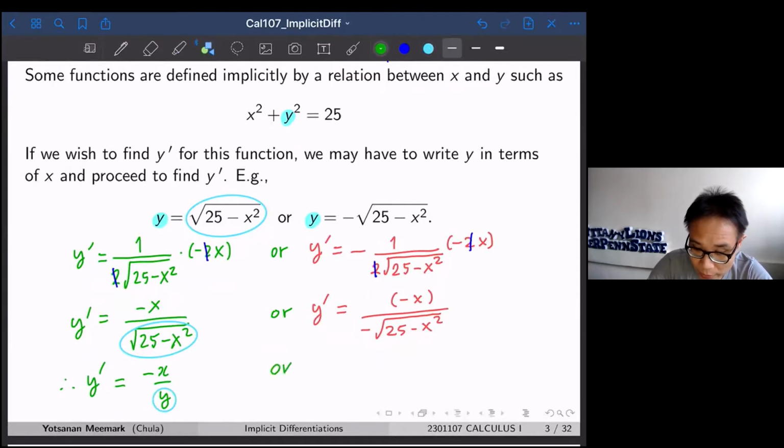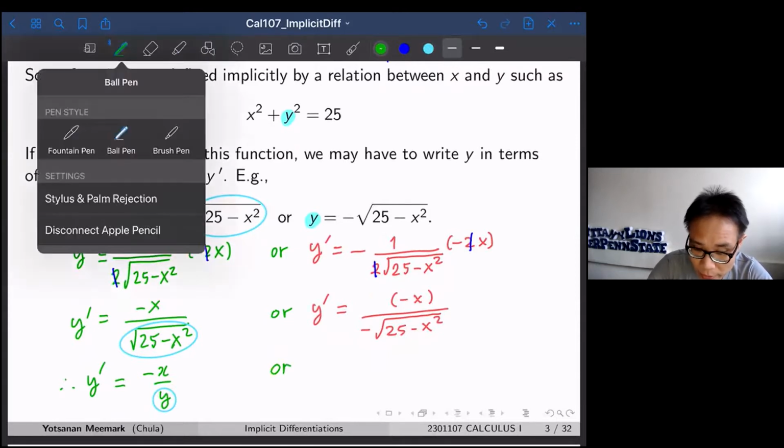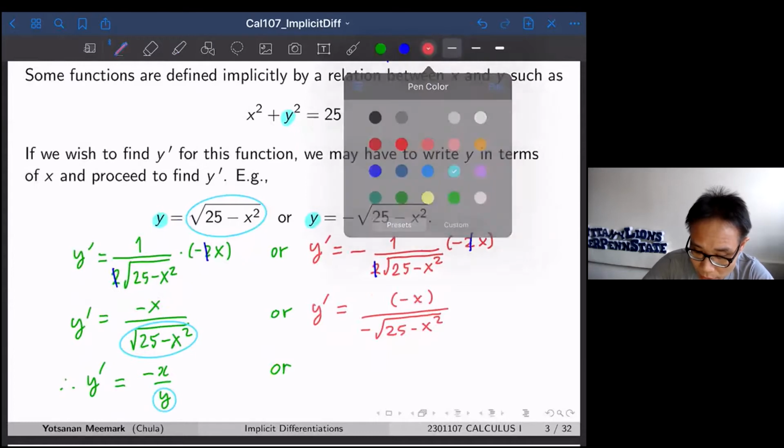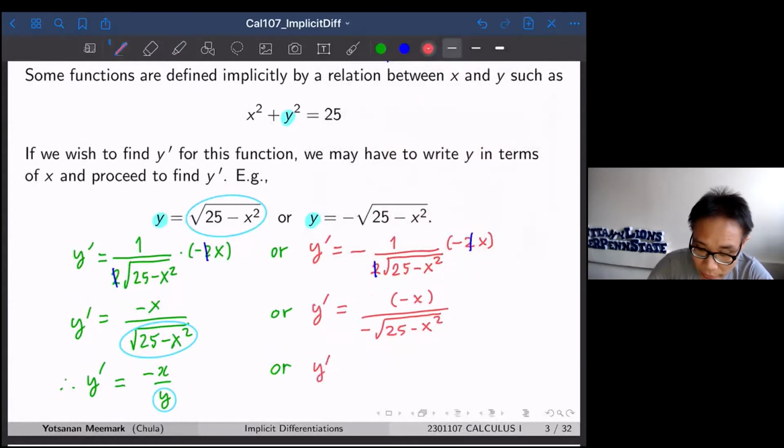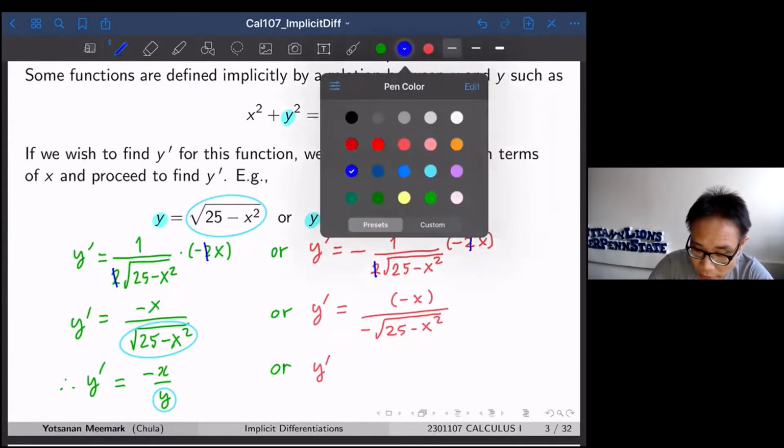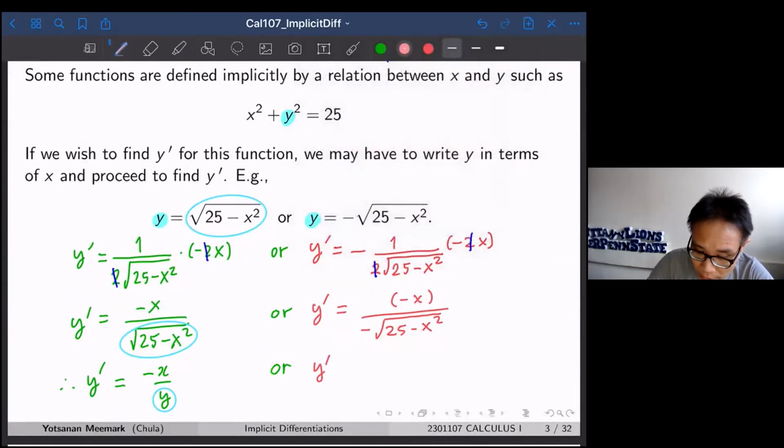And you have another one. You have y prime, and you see that you also have a negative, so this will be negative of square root of 25 minus x squared, which is exactly the same as y in the second case.